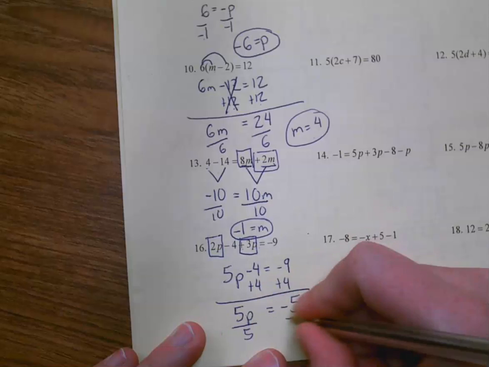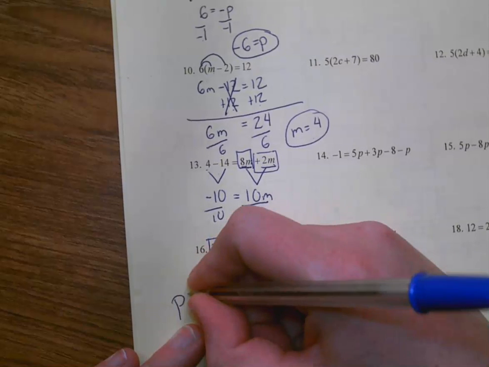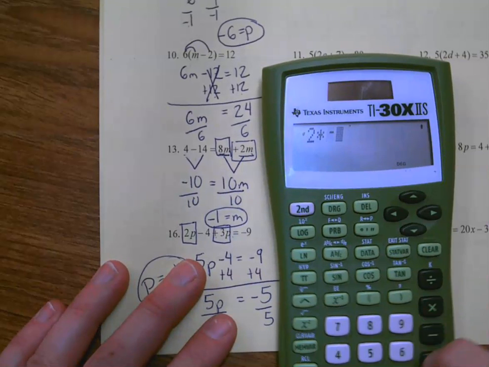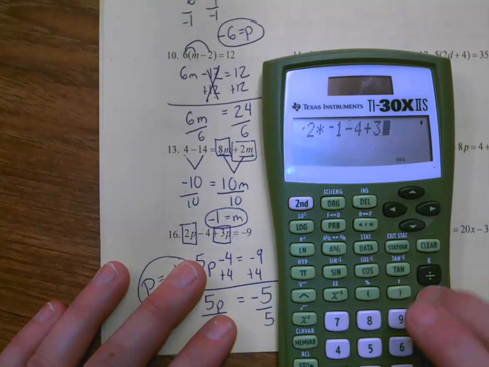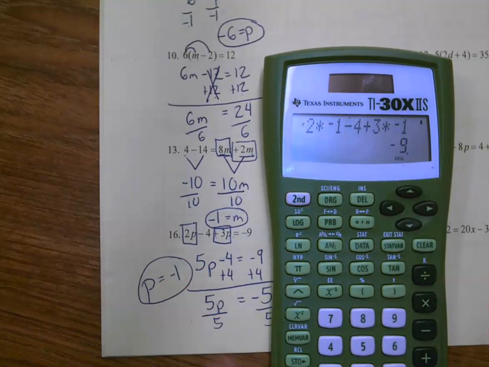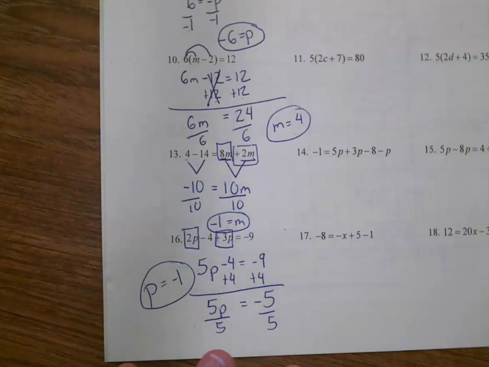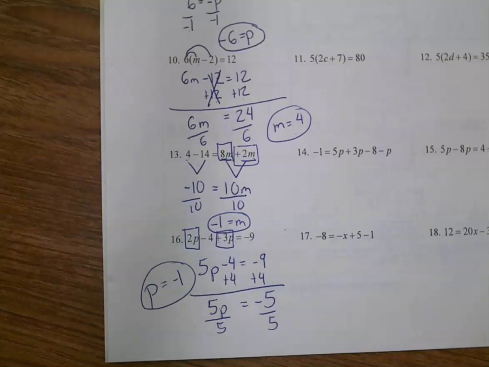Divide by 5, and I get p equals negative 1. 2 times negative 1 minus 4 plus 3 times negative 1 gives me negative 9. So that checks out as well.